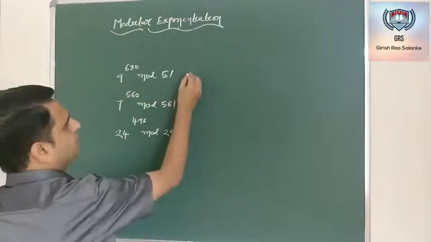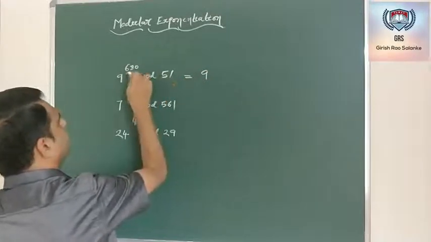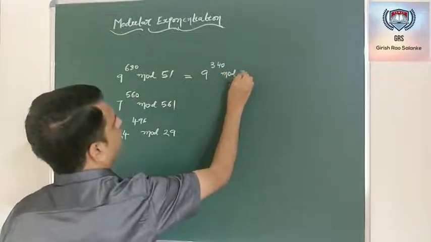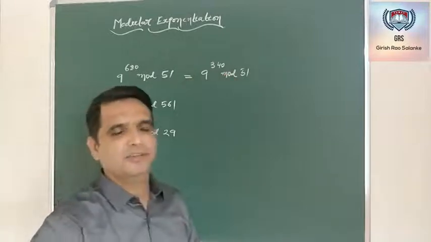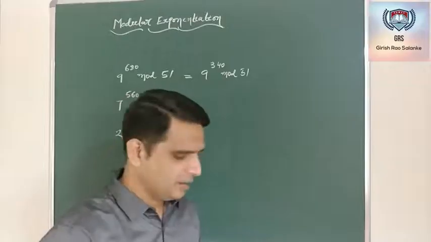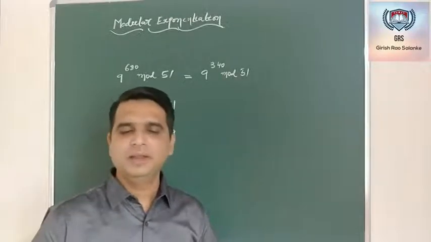What we may do sometimes is take 9 to the power of half of this, which is 340: 9 to the power of 340 mod 51, and we divide this. We follow a divide and conquer approach and try to get the solution. But most of the time this is quite difficult. Why is it difficult?